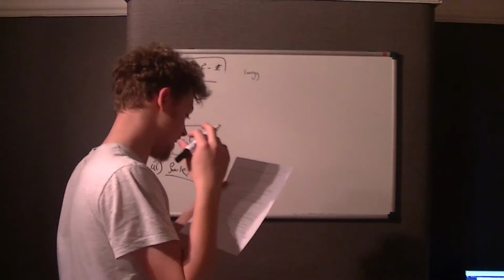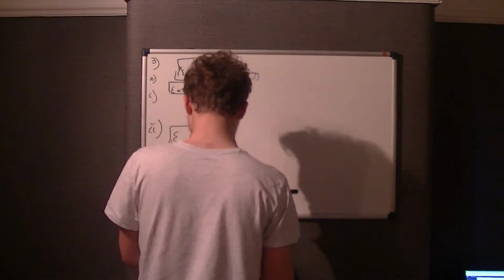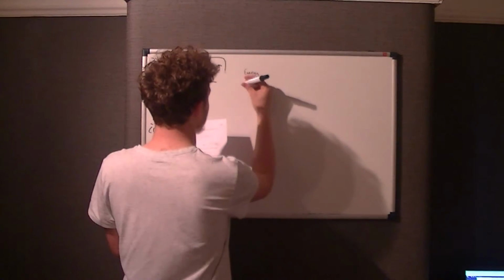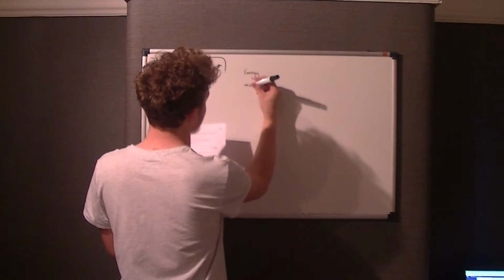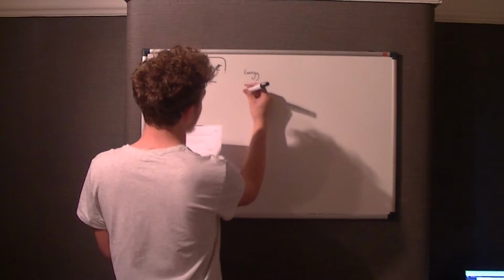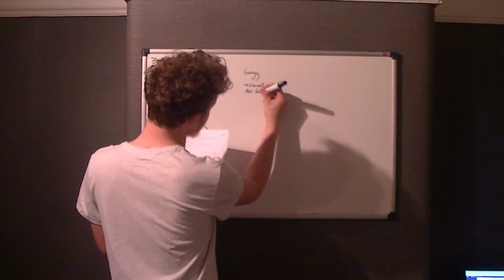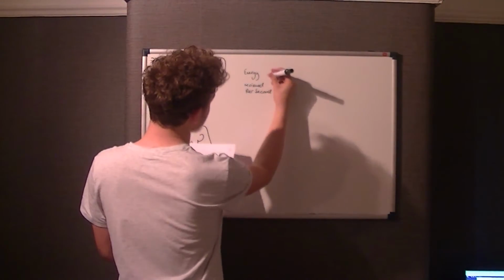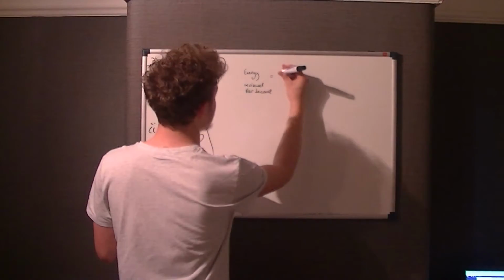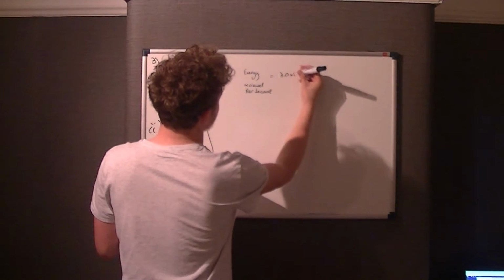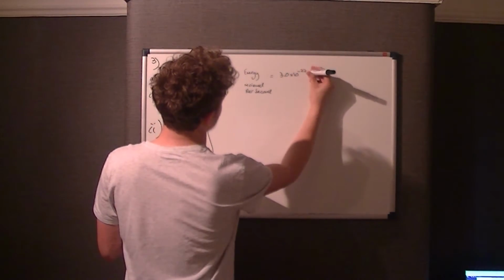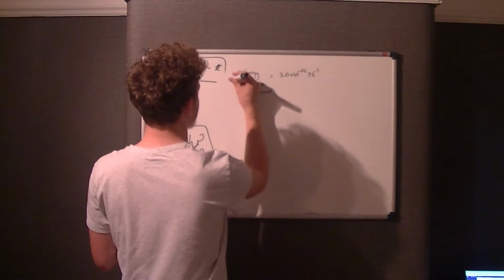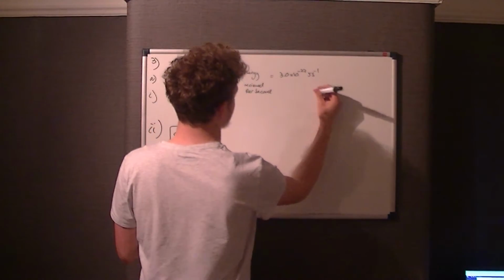It doesn't really matter, we're just told it hits the area, but not what size it is. So the energy received per second is equal to 3 times 10 to the minus 22 joules per second. That's the first bit of information we've been given.